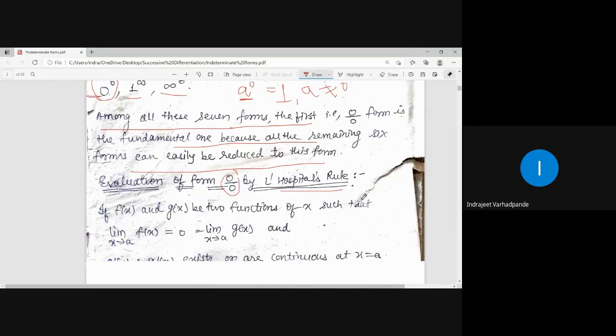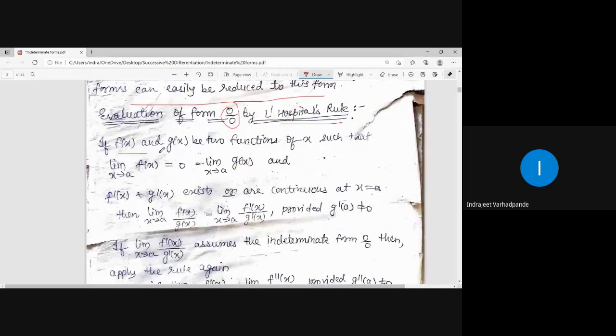So what does L'Hospital's rule say? If f(x) and g(x) are two functions of x such that limit x tends to a of f(x) equals 0, limit x tends to a of g(x) is also equal to 0, and their derivatives exist or are continuous at x equal to a, then limit x tends to a of f(x) upon g(x) is limit x tends to a of f dash of x upon g dash of x, provided the derivative of the denominator is not equal to 0.